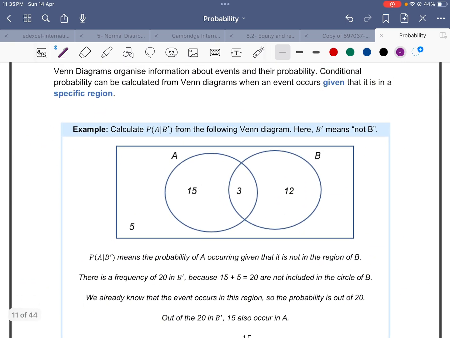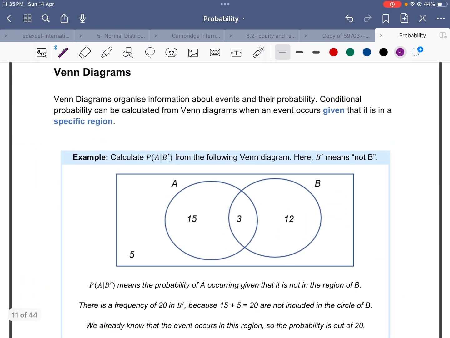Let's do another question. Venn diagrams, earlier we did sets and we have a question of probability in sets also. Let's see how do we do that. Probability can be calculated from Venn diagrams when an event occurs given that it is in a specific region.